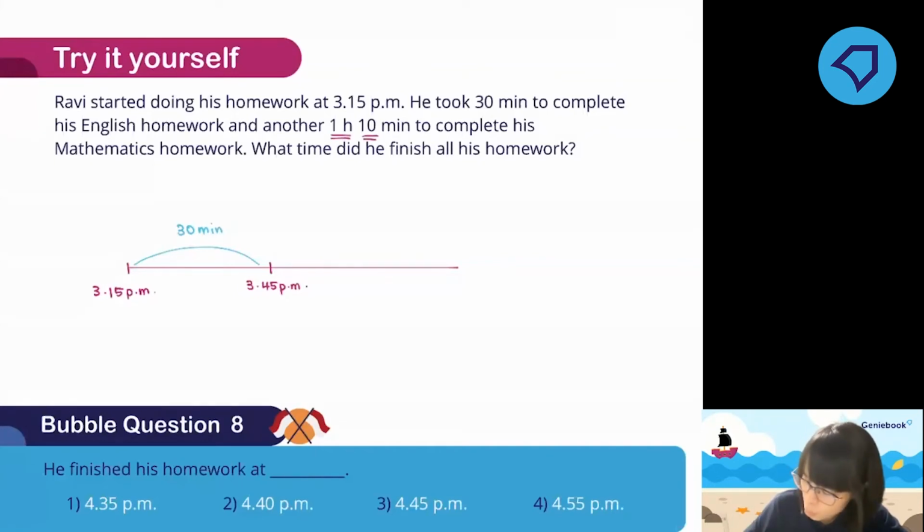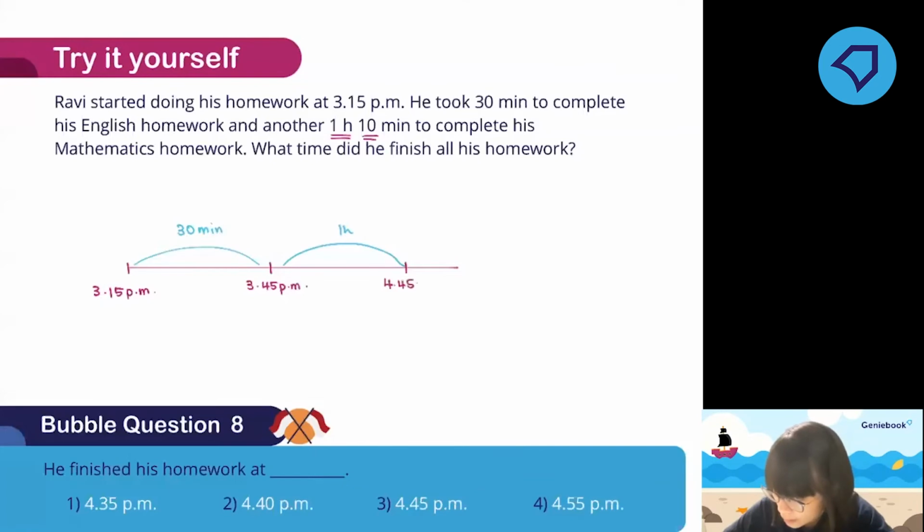We're going to find what's 1 hour later. 3:45, 1 hour later, what time would that be? 4:45. Excellent job, 4:45. But that's not the final answer because he still has another 10 more minutes to complete, right? He needed another 10 more minutes over here.